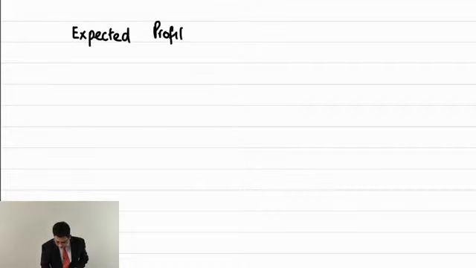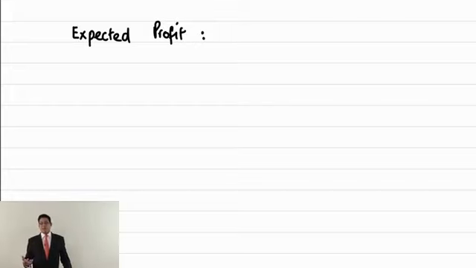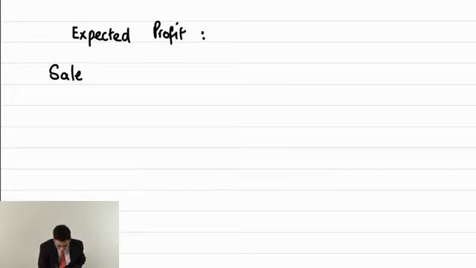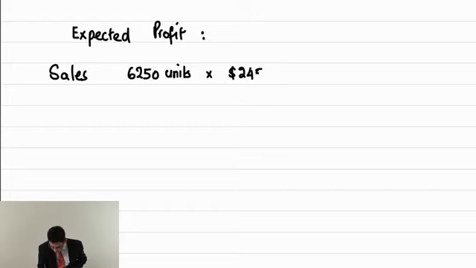Okay, so here is expected profit, which is not asked in this question, but it can be a likely question for another 2-3 marks. Okay, sales: 6,250 units, and now the selling price is 245.